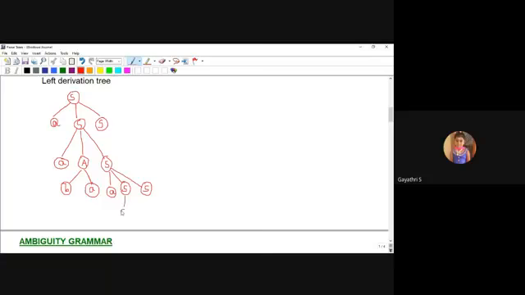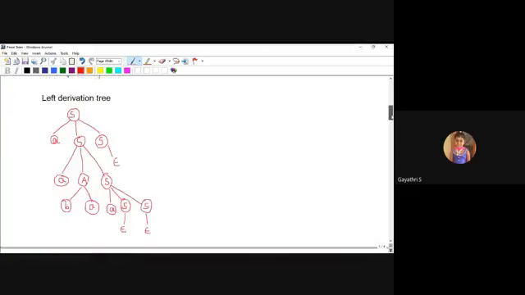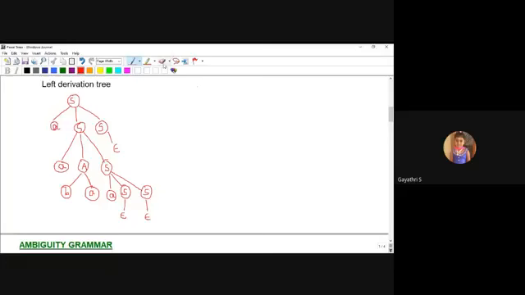This S which is replaced by epsilon, and this S which is also replaced by epsilon, and this S which is also replaced by epsilon. See the yield A, A, B, A, A. So what is our string? Double A, B, double A, right? The yield is received. So this is also one of the right ways to proceed.